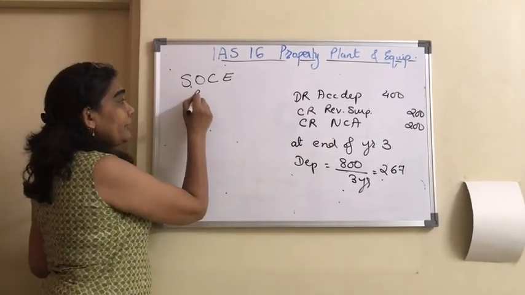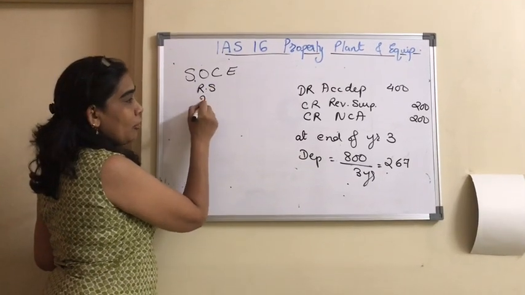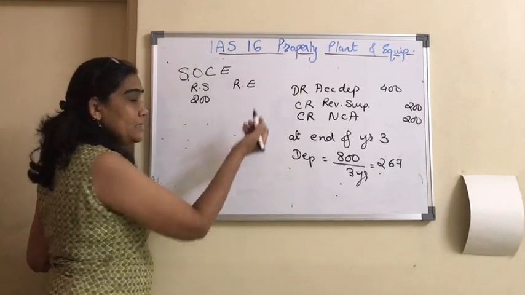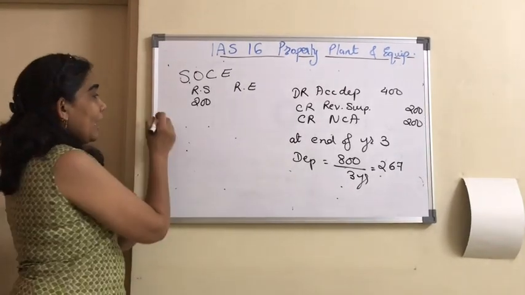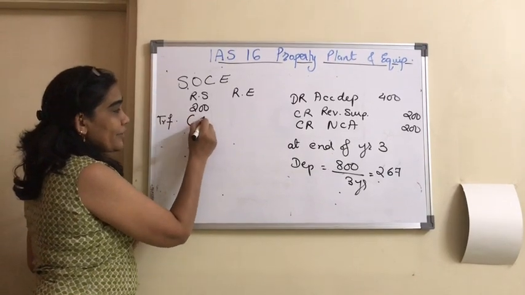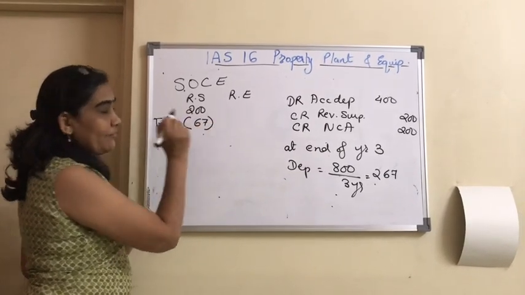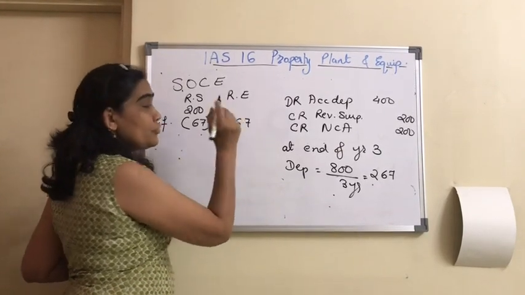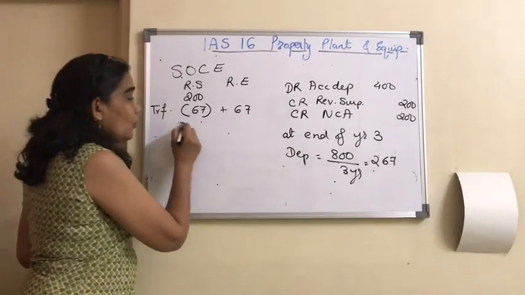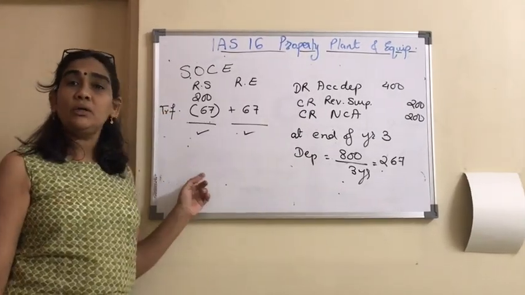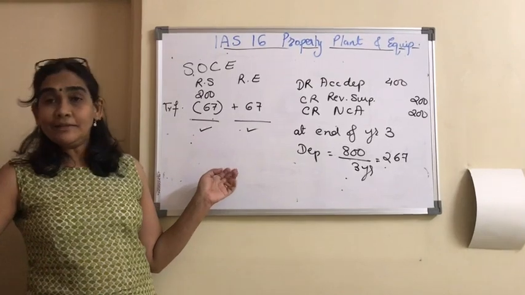So, you have a revaluation surplus of 200. You also have retained earnings, whatever is the balance. And here you will show transfer. So, you will subtract 67 from revaluation surplus and you will add 67 to retained earnings, and whatever is the balance that is here will be transferred to SOFP under equity.